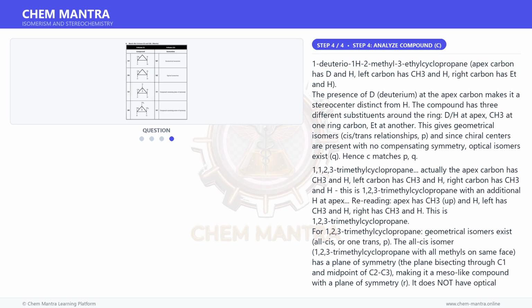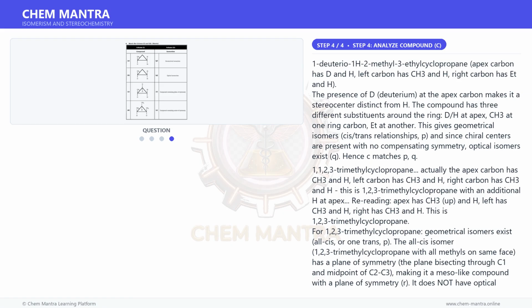And for the final step. 1-deuterio, 1H, 2-methyl, 3-ethylcyclopropane: apex carbon has D and H, left carbon has CH3 and H, right carbon has Et and H. The presence of D, deuterium, at the apex carbon makes it a stereocenter distinct from H. The compound has three different substituents around the ring, D/H at apex, CH3 at one ring carbon, Et at another.